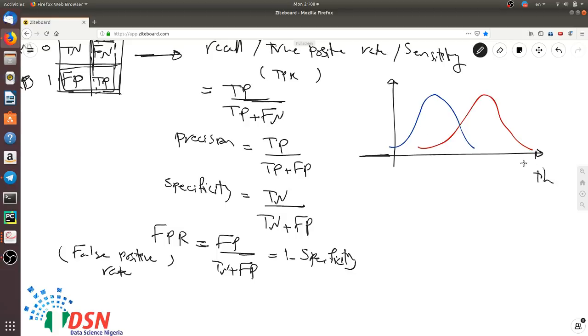So if the threshold is here, our classifier tells us all of the data are negative, right? Because all of the data are in this region and they are below the threshold of the classifier. In this case, what is the accuracy?